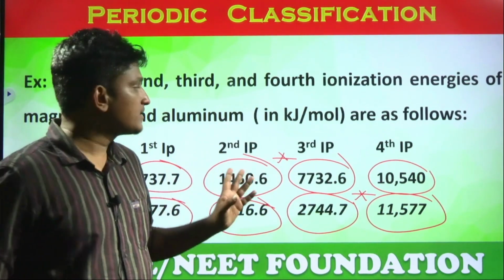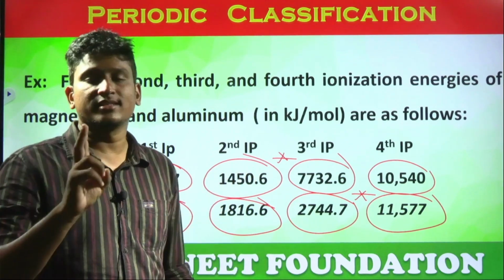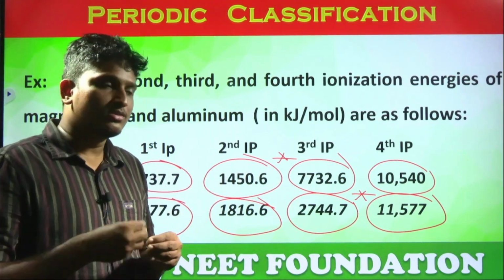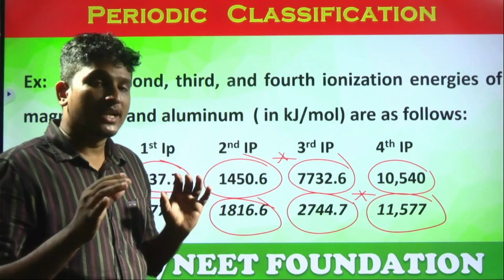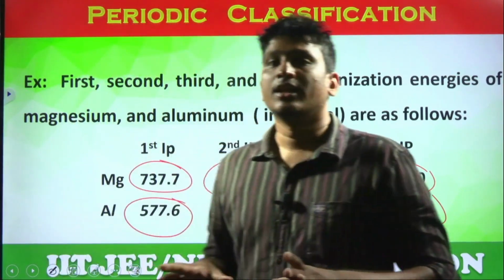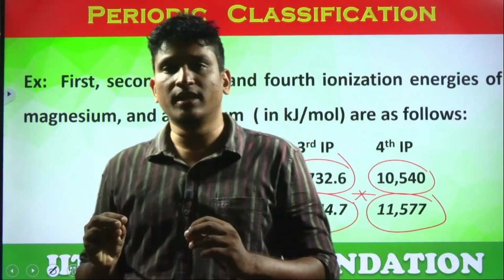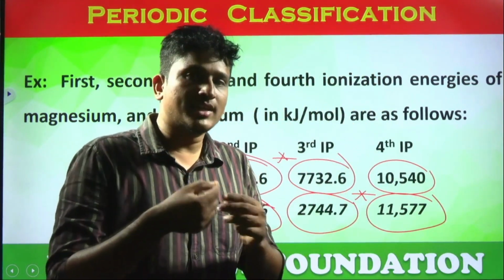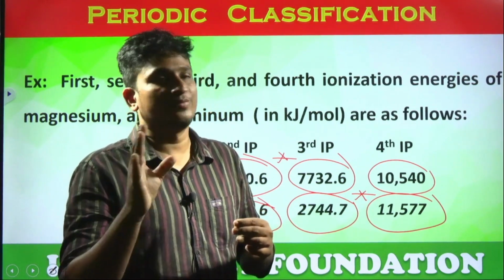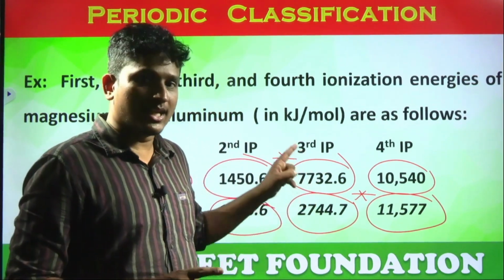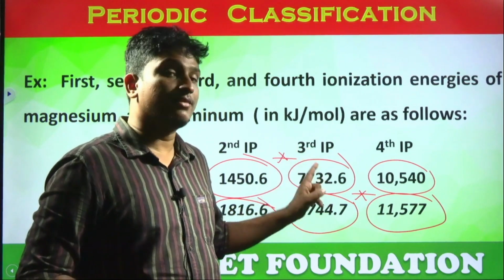The reason is magnesium contains 2 valence electrons. If it loses those 2 electrons, the magnesium ion achieves the noble gas configuration. Is it easy to remove an electron which is in a stable state? No. That's why removing the third electron from the noble gas configuration requires high energy.